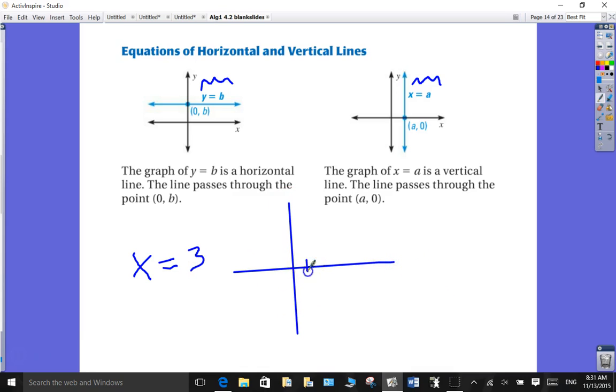Students will do like this, 1, 2, 3, and they may just make a point. Done. But it's an equation, x equals 3. It means every point that has an x coordinate of 3, that's what you're drawing, right? So it's actually up and down. So that could be the starting point. Put in the x equals 3, the point. But then make sure you draw the line. It's not just one point.